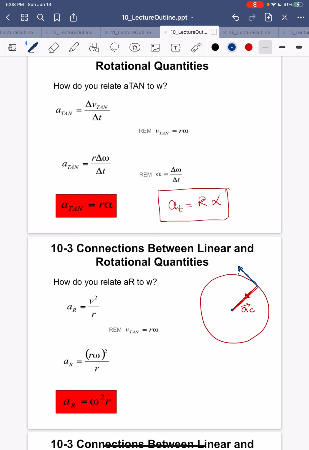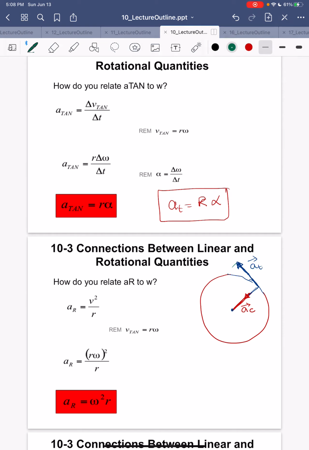When I have these two accelerations, this one I said is the AT.